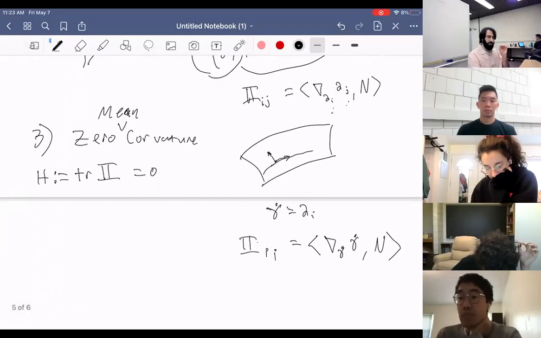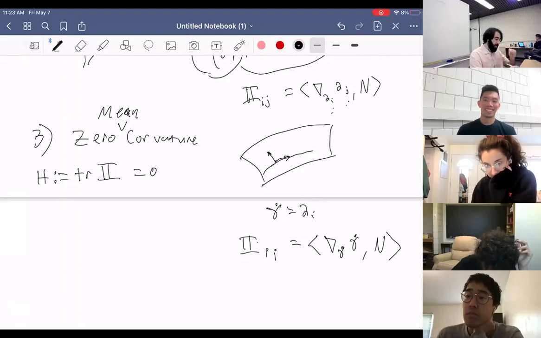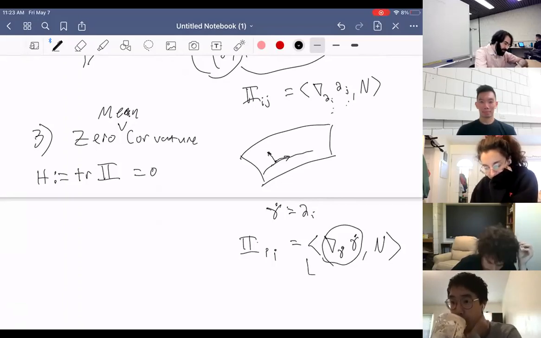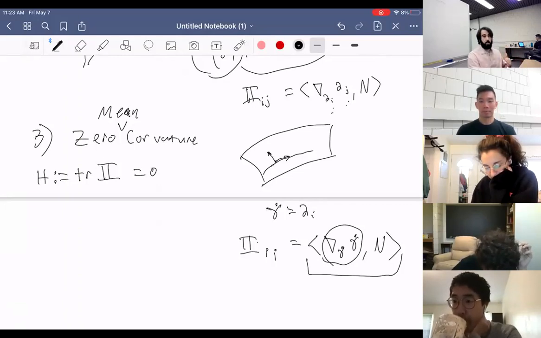Now, I shouldn't really be calling this a geodesic curvature because my advisor Marcus would get upset at me. Technically, this is the geodesic curvature of gamma inside of the ambient space, M, but this is just what's called the normal curvature. It is the curvature in the normal direction to our submanifold. Makes sense?